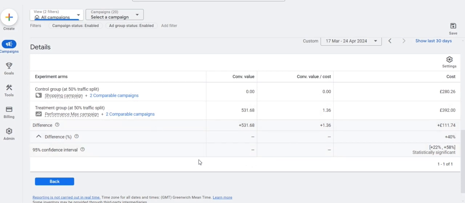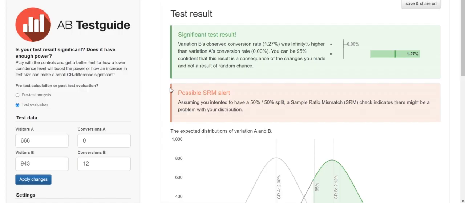So statistical significance has not been reached for this experiment. However, if I jump to another tool now, a very popular tool, ABTestGuide, I highly recommend you give this tool a shot.